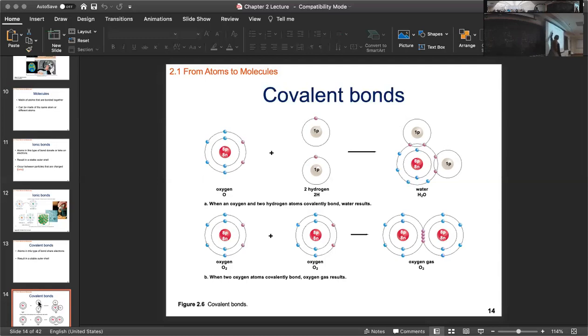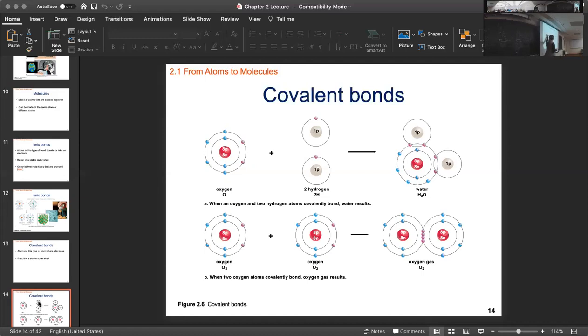It has 1, 2, 3, 4, 5, 6 on its outer shell. Remember, 8 is our key number here on the outside. It needs to find 2 friends now, or a friend that has an extra 2 to share, because it wants 8. Hydrogen has 1. We're going to need 2 hydrogens because oxygen wants to be 8 on the outside, right? 6 plus 2 equals 8.